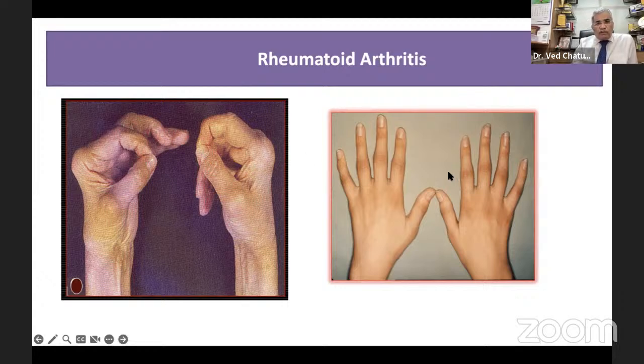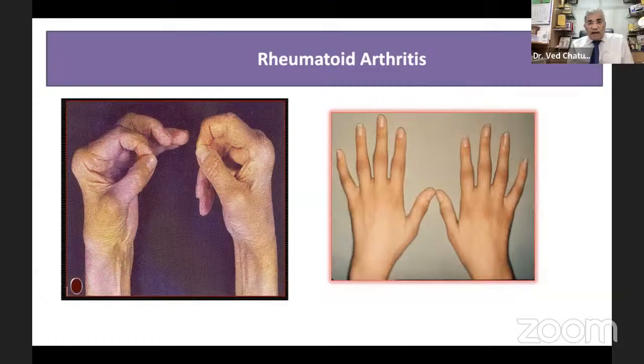So how do we diagnose rheumatoid arthritis? Rheumatoid arthritis is diagnosed basically if hand joints are involved. So you can see these are the hand joints. 99% of the diagnosis is done by what we call polyarthritis. Now, what is polyarthritis?